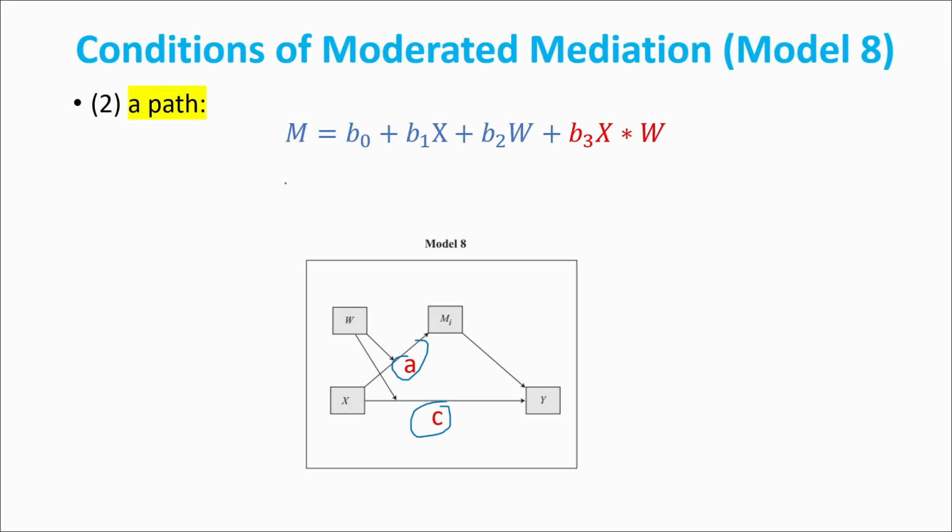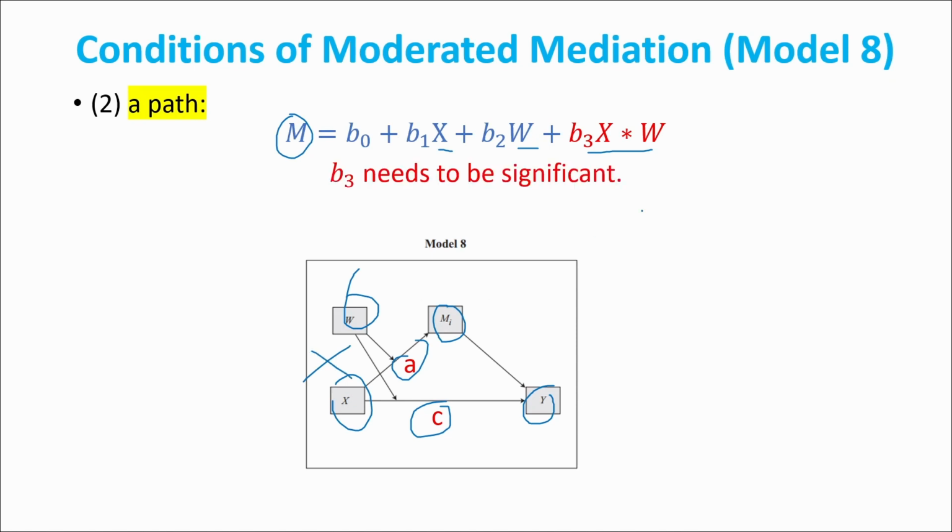The difference from the C path, where the dependent variable is Y, is that for the A path the dependent variable is the mediator M. And there's X, W, and then the interaction between X and W. The key point here is that we would like to make sure that B3 is significant. You might again ask, what about B1 and B2? It doesn't matter, because here we are going to focus on the interaction.